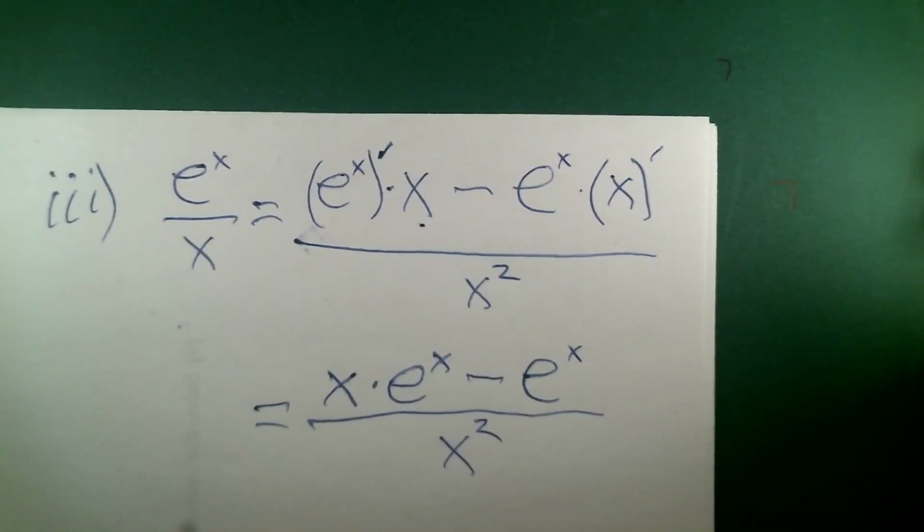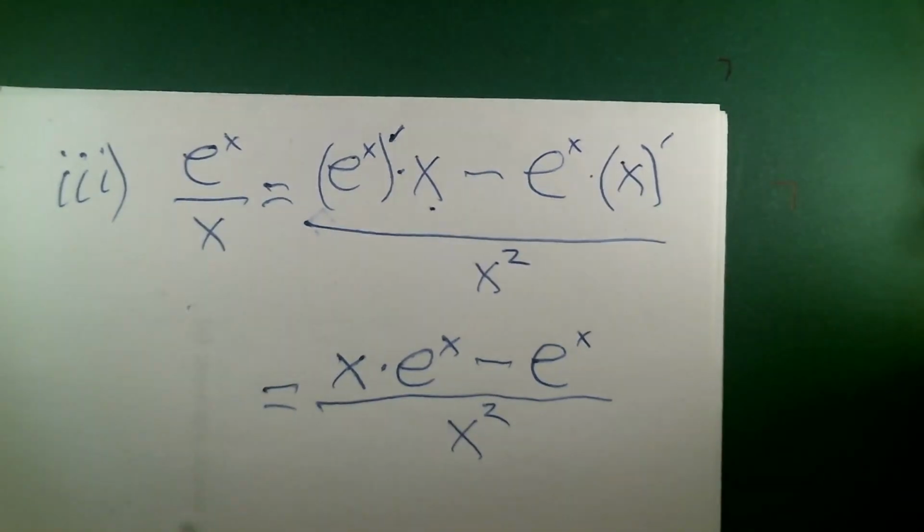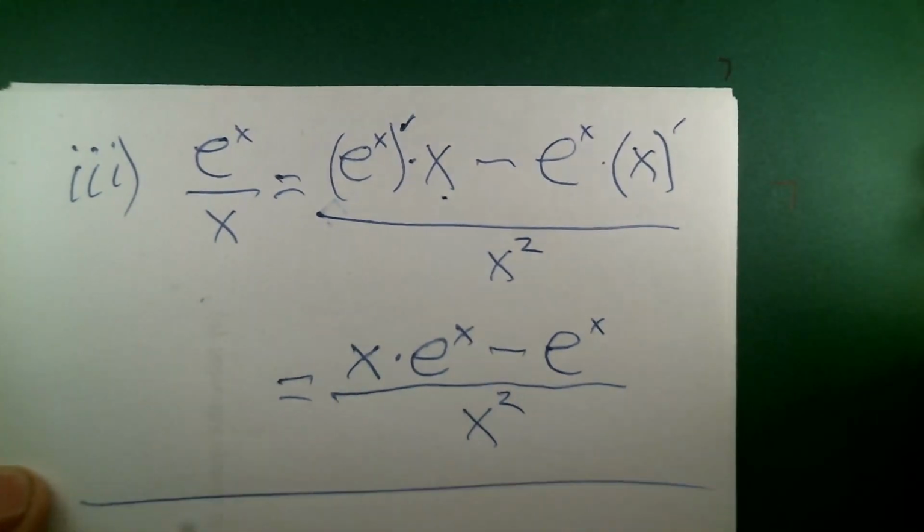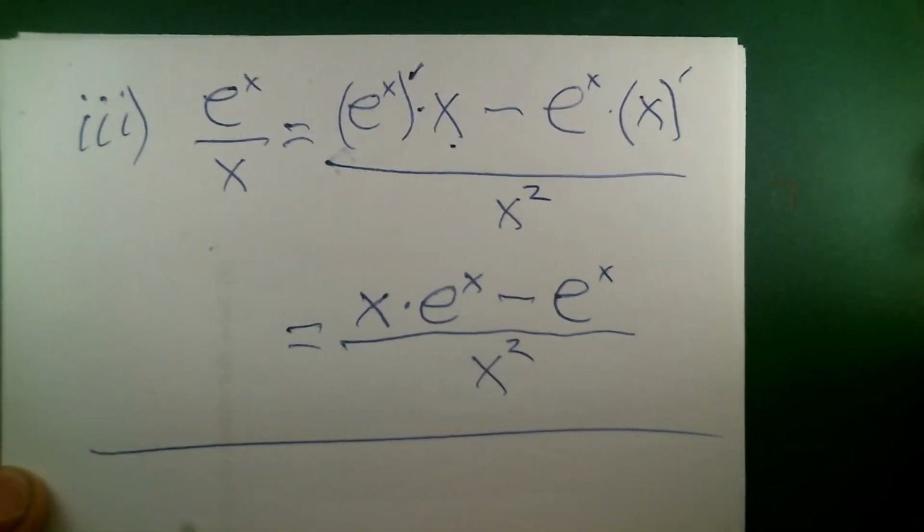The derivative we had there was 3x squared minus 6x minus 9.